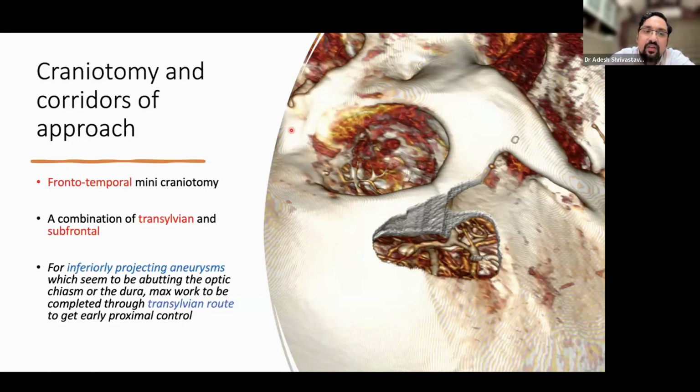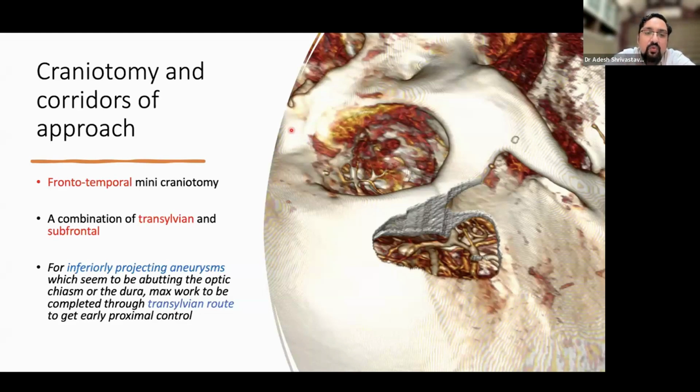So the initial part, we try to do it through the trans-sylvian dissection, which helps us to get the proximal control. There's a slide ahead where we will be discussing this. And especially for inferiorly projecting aneurysm, use of subfrontal corridor can lead to sudden rupture if there is inadvertent retraction, and there may be an intraoperative rupture before you have a good proximal control.